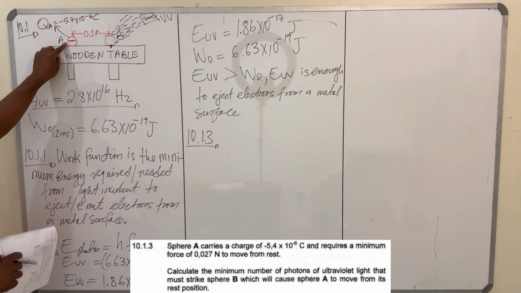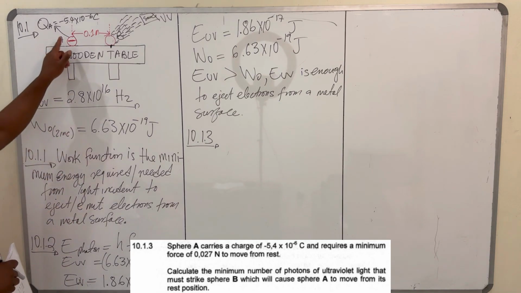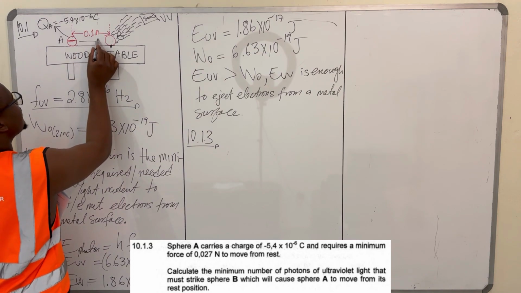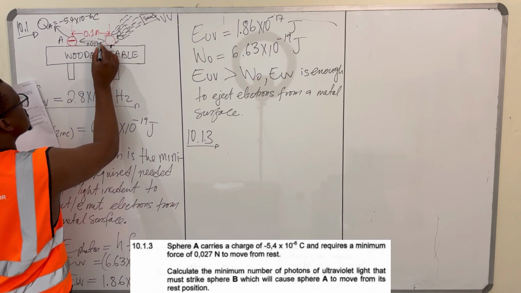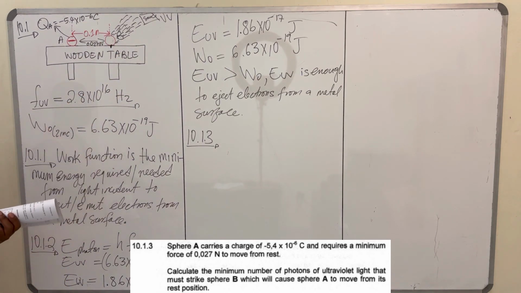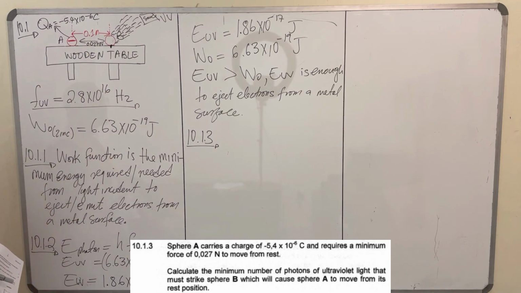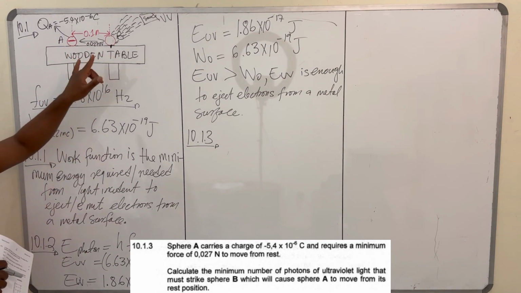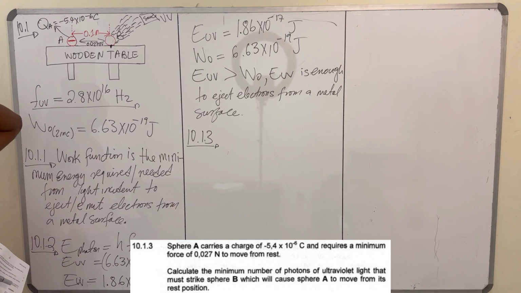That is the charge of the sphere A. And they're telling you, since they are sitting like this, if we can have a force here of 0.027 newtons between the two spheres, then this one, A, which is free to move, can move. So if we can have just this magnitude of force between the two spheres, then sphere A would move. That's what they're telling us.